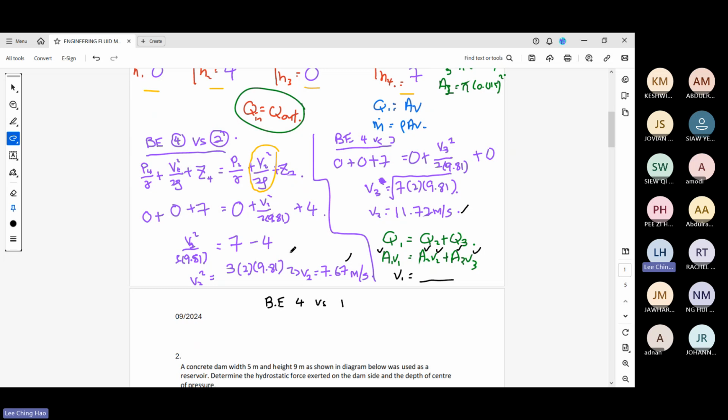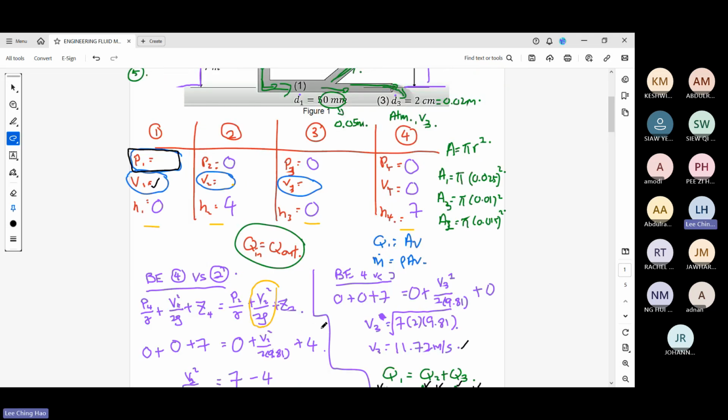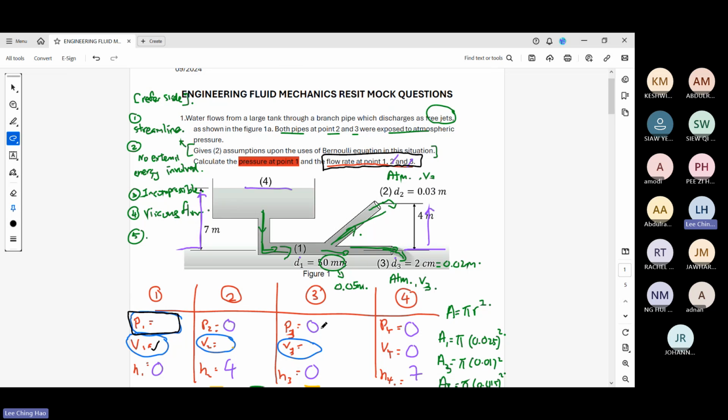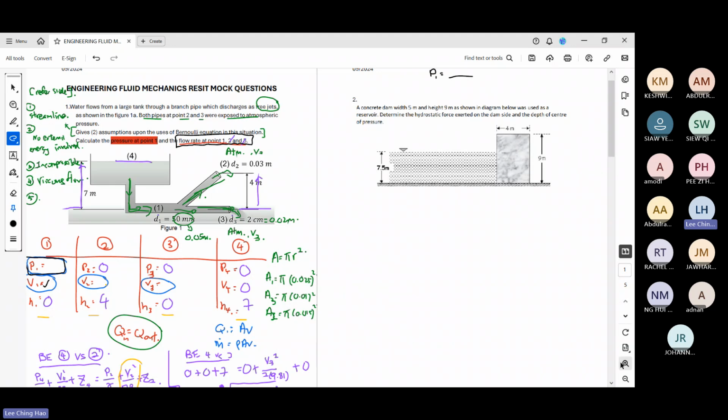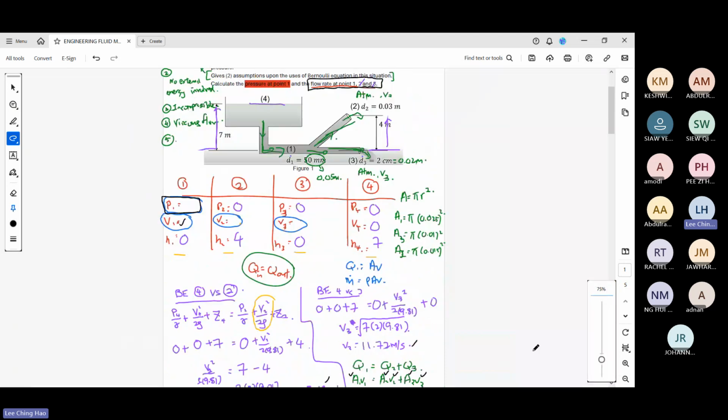But in my own practice, I always do the complete one on the left-hand side. Then you will find P1. That's it. So utilizing the Bernoulli equation and the one page I showed you, you can do it. So this question, that's it.